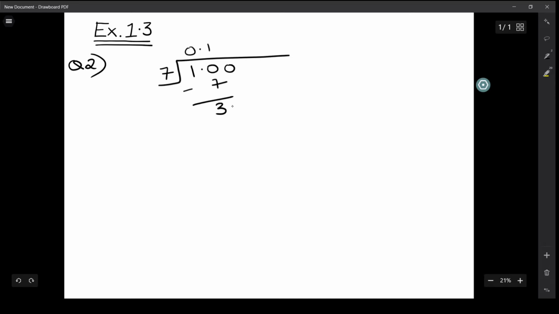Here gives us a remainder of 3. This gives us a remainder of 2. This gives us a remainder of 6.